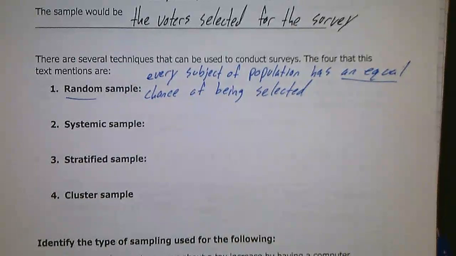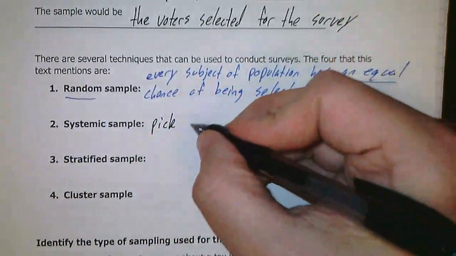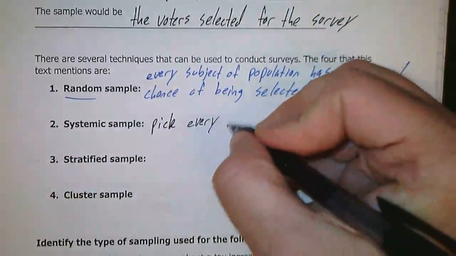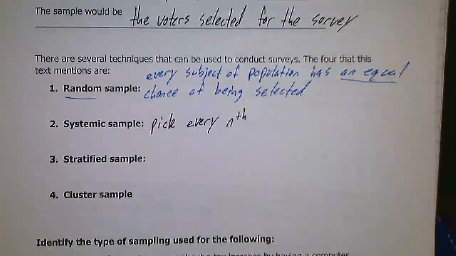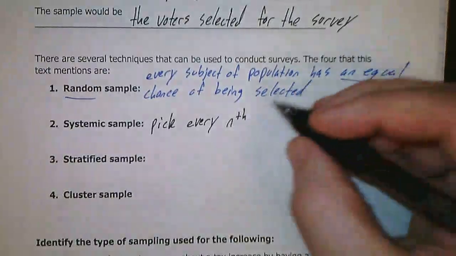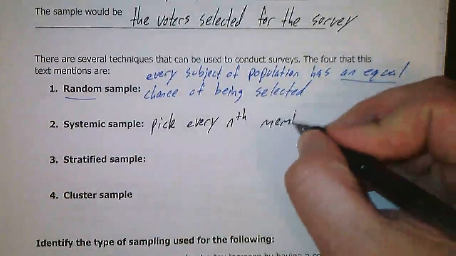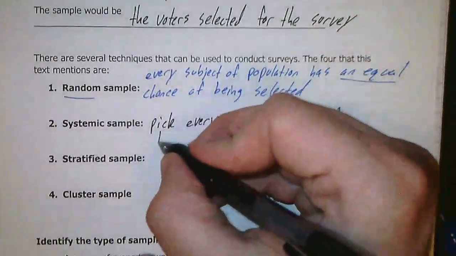A systemic sample is where you pick every nth, meaning whatever number. So pick every nth member of the population.